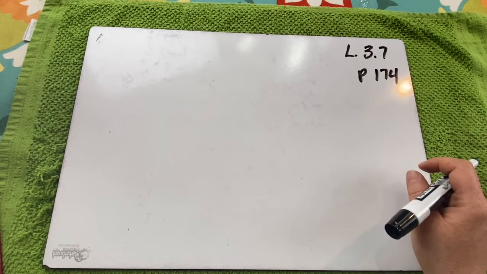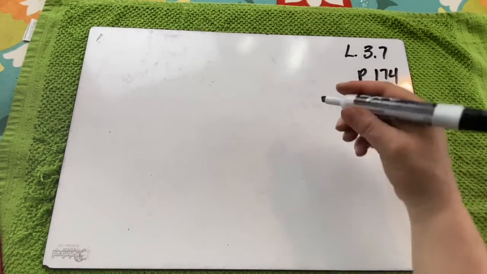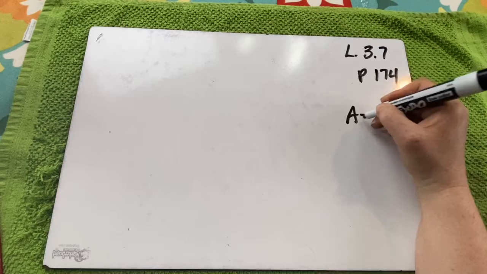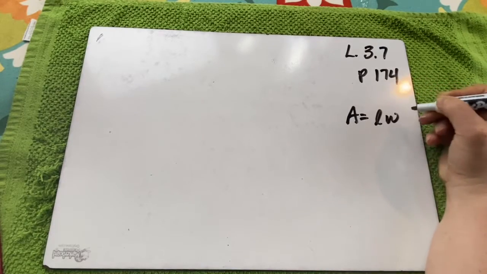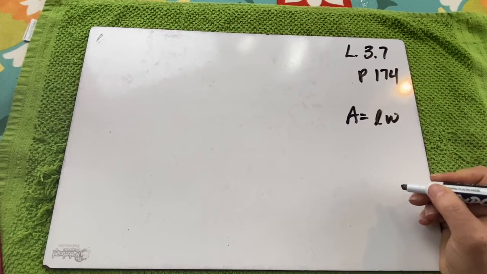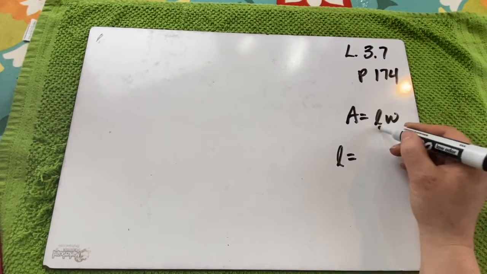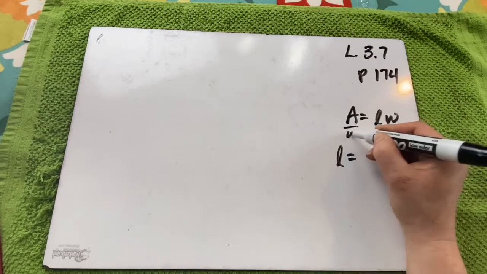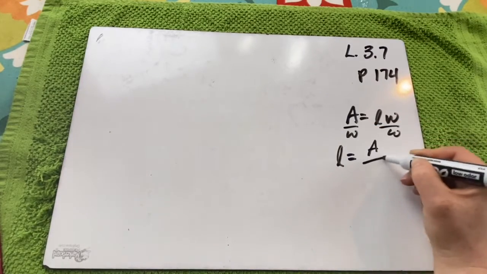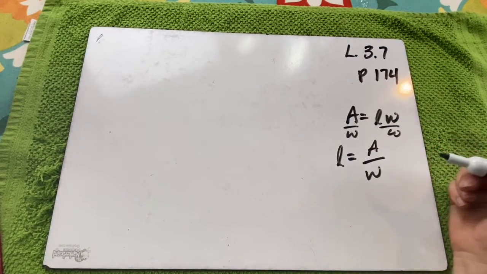So, it says the formula for area is A equals length times width. Solve the formula for L. So they want L equals, and you're going to divide by W. A divided by W, right?